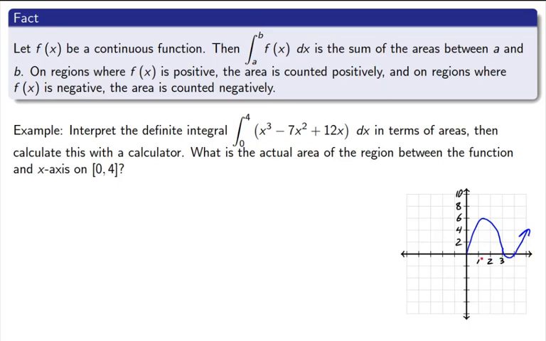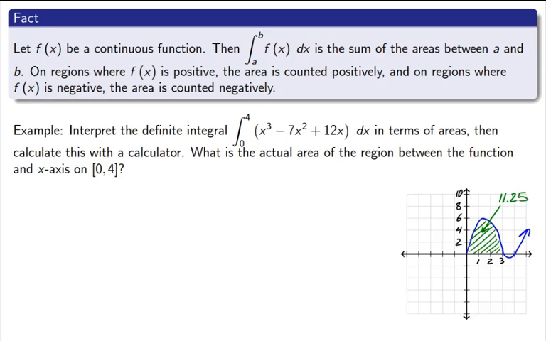Use the technique that we talked about last time to calculate the area from 0 to 3, and feel free to pause and give it a try before I give it to you. For this region, I have a positive area. Remember, it's just the area under the curve, which means the area below the curve but touching the x-axis. I get 11.25 for this area.